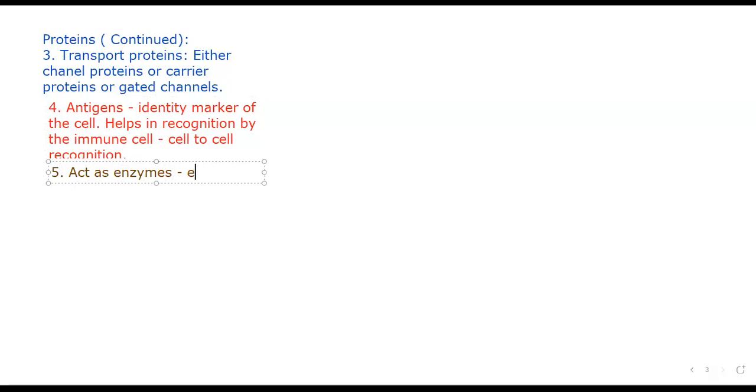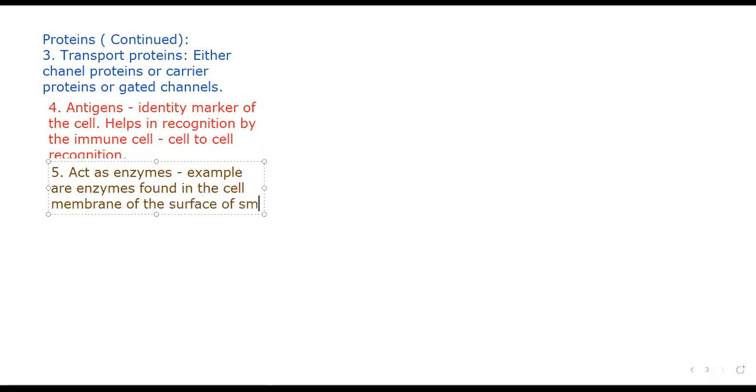If I were to give you an example, enzymes found in the cell membrane of the surface of the small intestine, right?